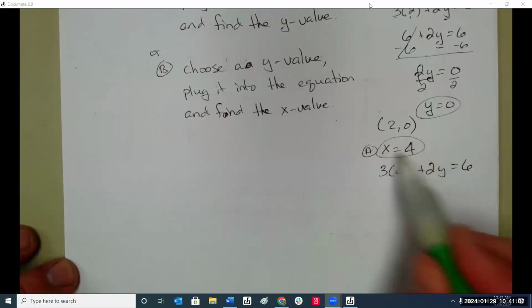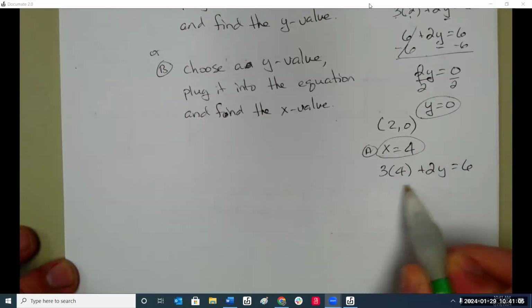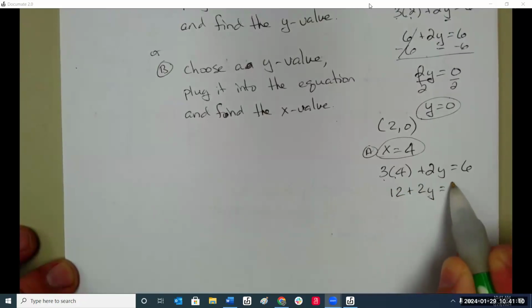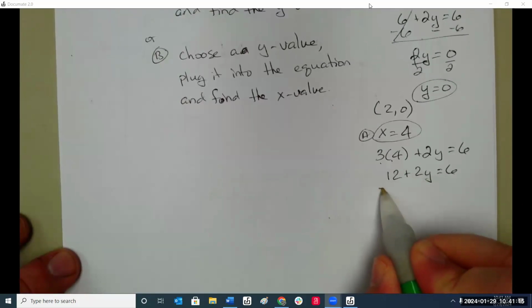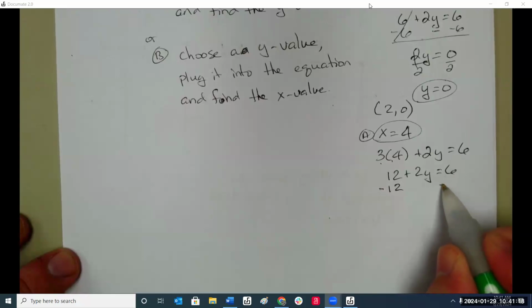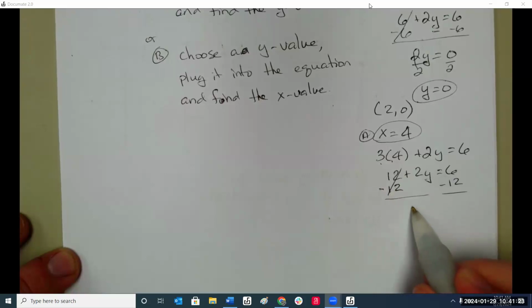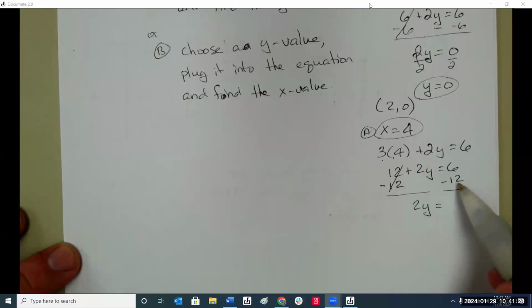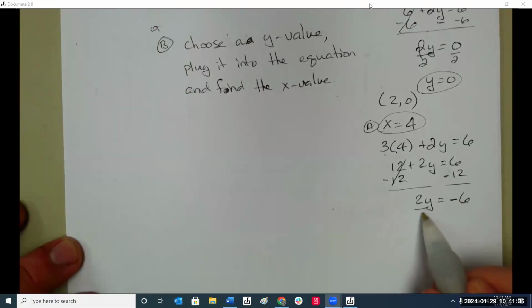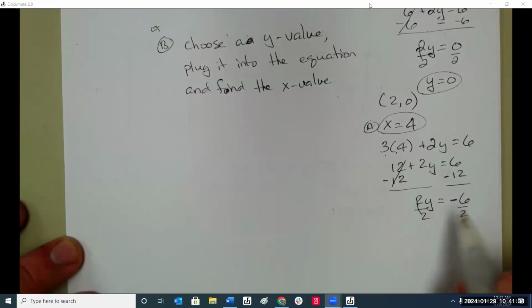I picked the value, x equals 4, plugged it in there. 3 times 4 is 12. Get rid of the plus and minuses first, so I subtract 12. That cancels. 12 is bigger than 6, so the answer is negative. 12 minus 6 is 6. Divided by 2.